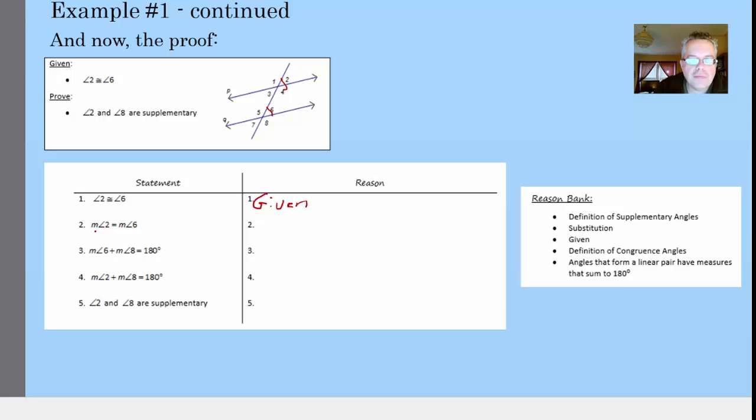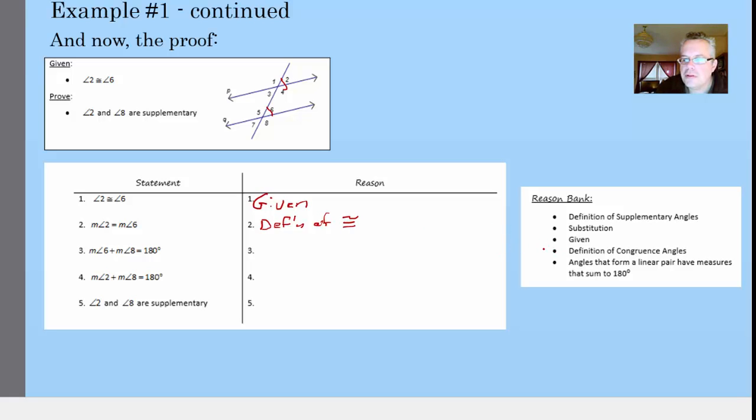The measure of angle 2 equals the measure of angle 6. That's what congruence means. Two angles are congruent if their measures are equal. We haven't needed this a lot, but here it is. And that is the definition of congruence. I'm going to abbreviate it as definition of congruence like that.